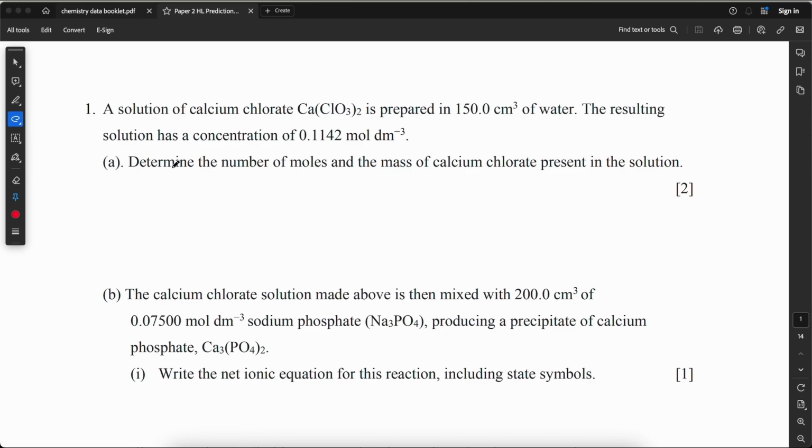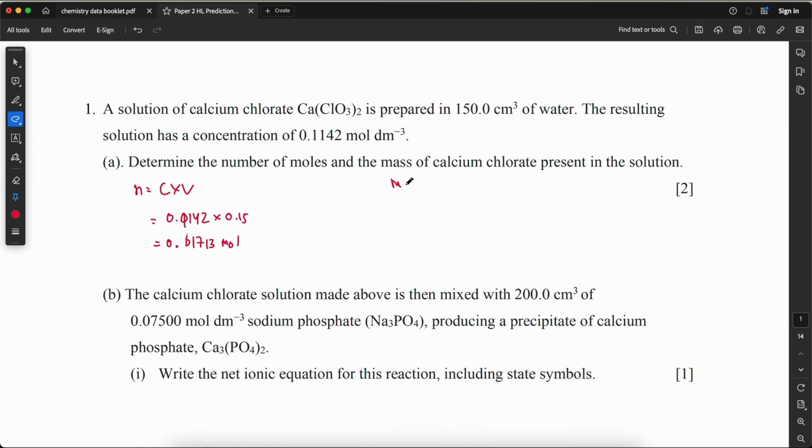So we can calculate first the mole, which is C times V. 0.1142 times 0.15, that would be 0.01713 mole.